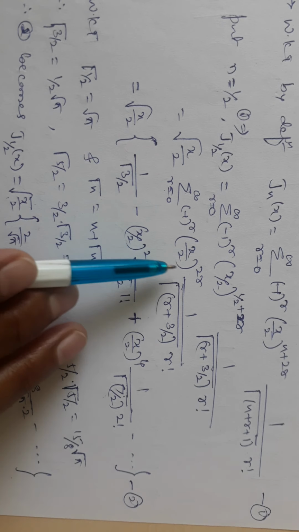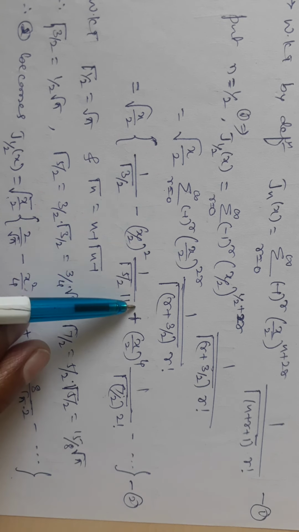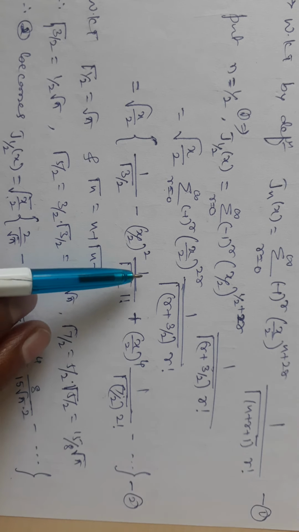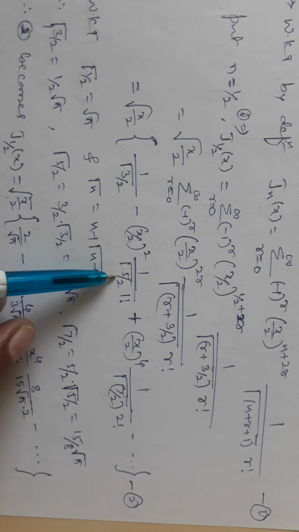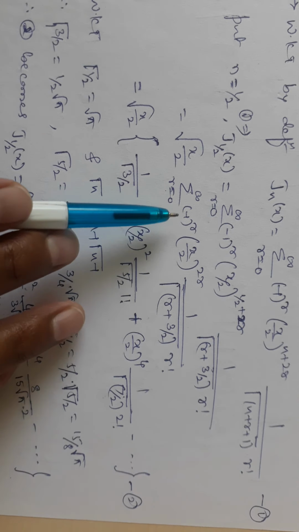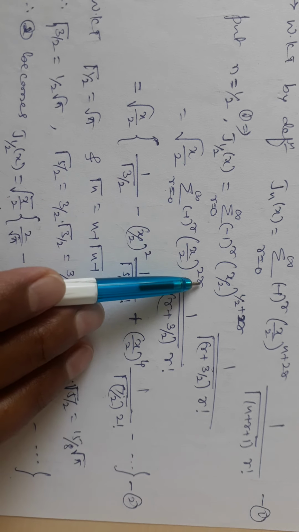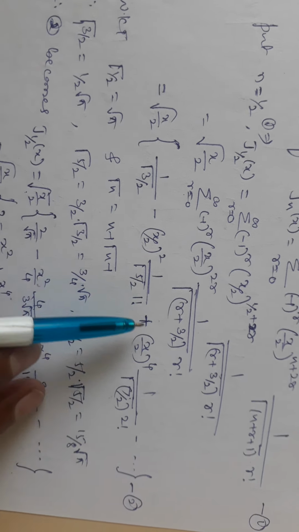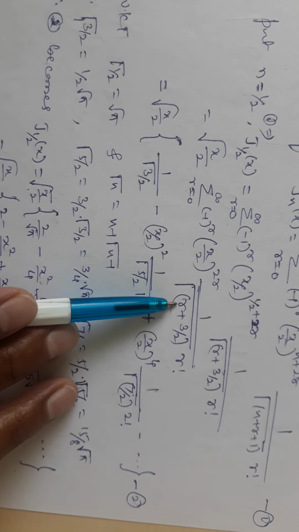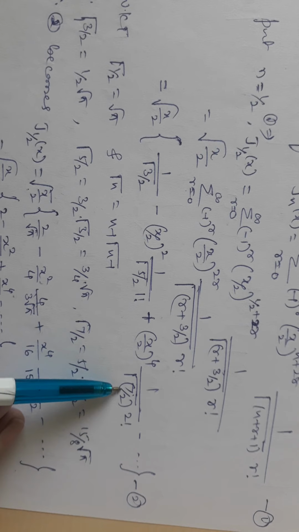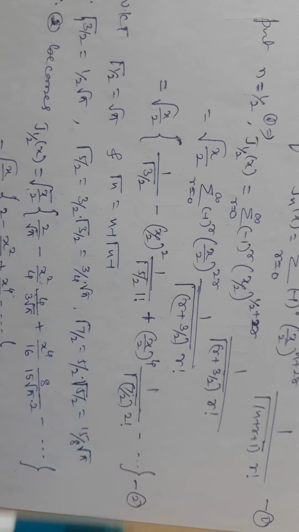Minus, r is 1, therefore (x/2)^2 divided by 1 by gamma of 5 by 2 into 1 factorial, plus, because here (-1)^2, r is 2, so (x/2)^4, then 1 by gamma of 7 by 2 into 2 factorial, and so on. That is alternating, plus minus plus minus.